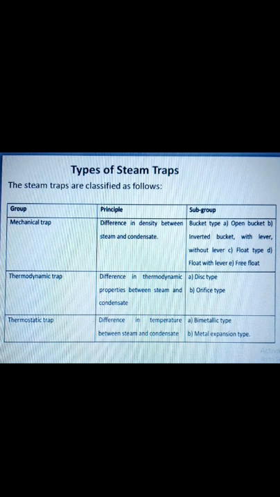These traps operate in direct relationship to condensate levels present in the body of the steam trap. Inverted bucket and float traps are examples of mechanical traps. Float traps can have a mechanical linkage or can seal the trap through use of the float itself.